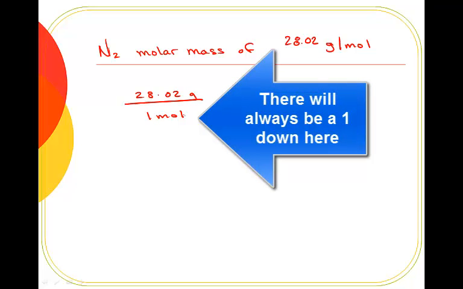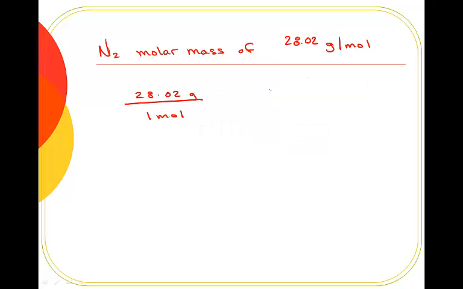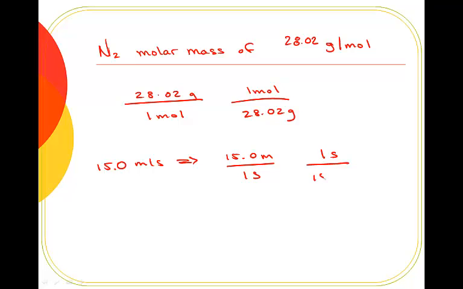And since it's a relationship, we can write it the other way, just like we can do all conversion factors in all relationships. So if we look back at our 15.0 meters per second, we can write that as two conversion factors, saying that we have 15.0 meters in 1 second, or in 1 second we can cover 15.0 meters.